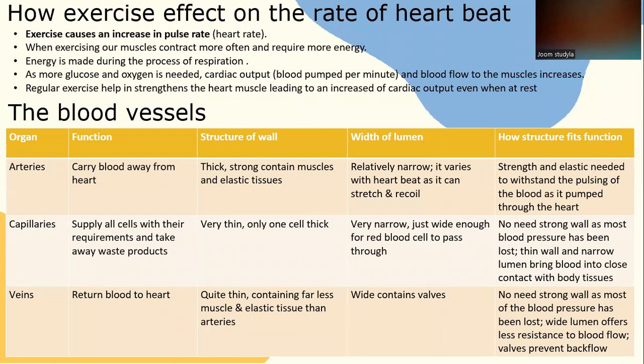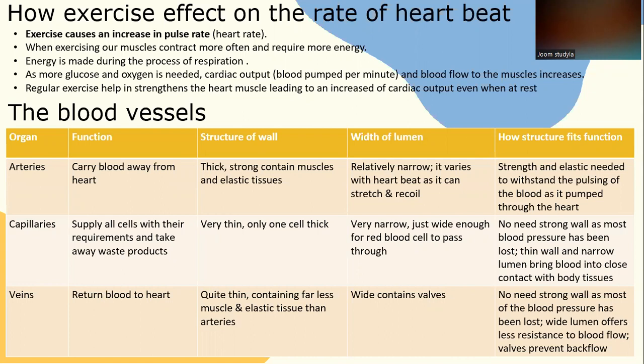Okay, in this slide, what I am going to tell you is how exercise affects the rate of the heartbeat. You know that exercise causes an increase in pulse rate. When exercising, our muscles contract more often and require more energy. Energy is made during the process of respiration.